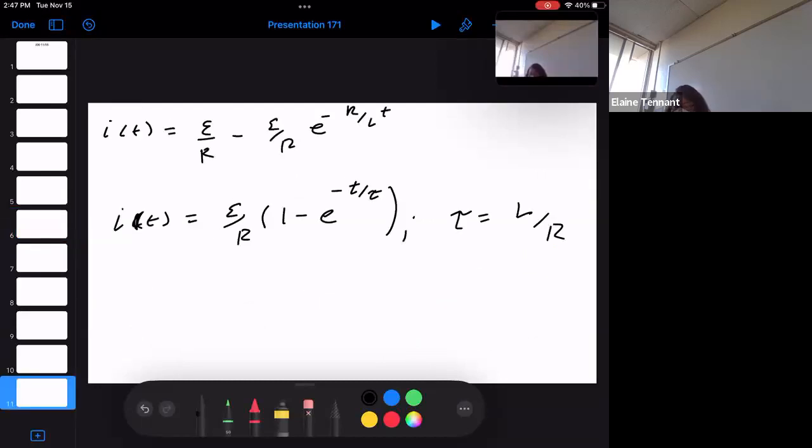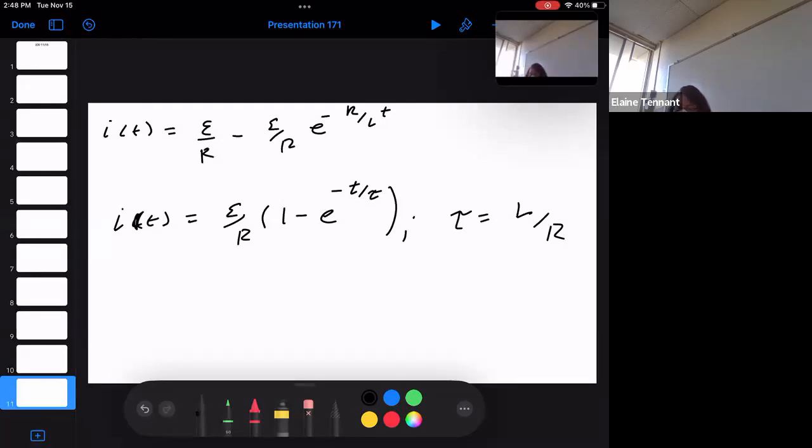We wrote it as 1 over A equals L over R. I'm hoping the reason we put it in that exact format is, if you remember, for the capacitor we had a really similar thing, with t over tau for that one. And so we just want to keep that format for ease of use.